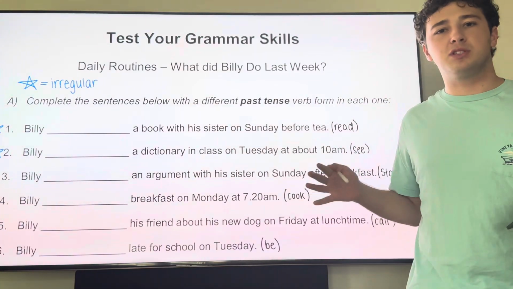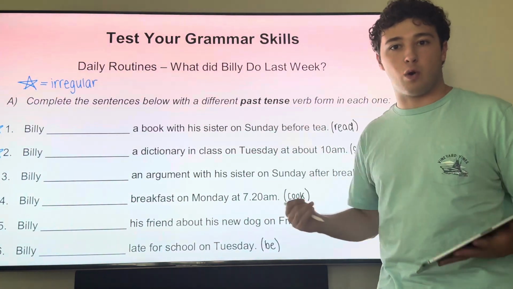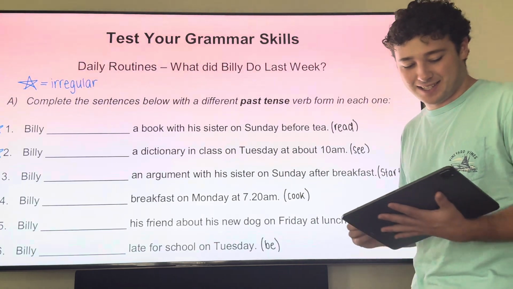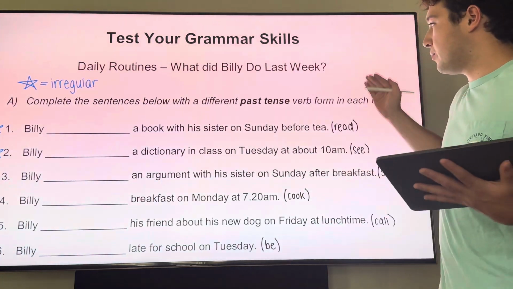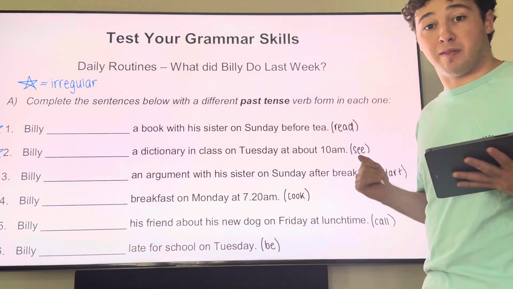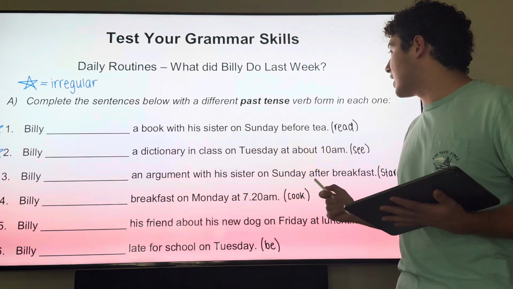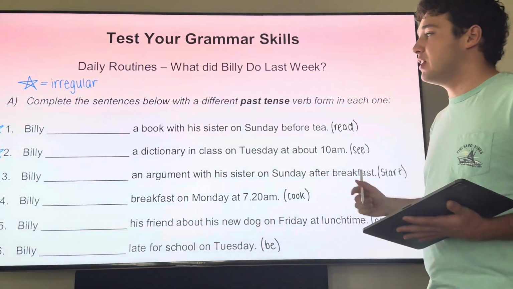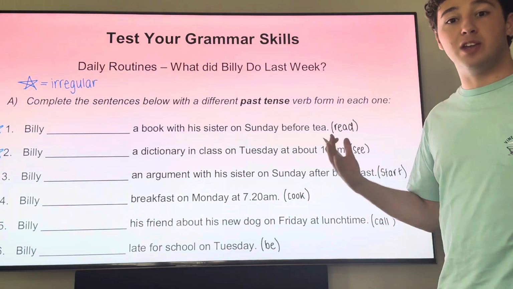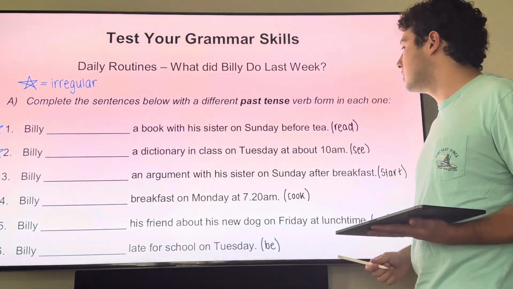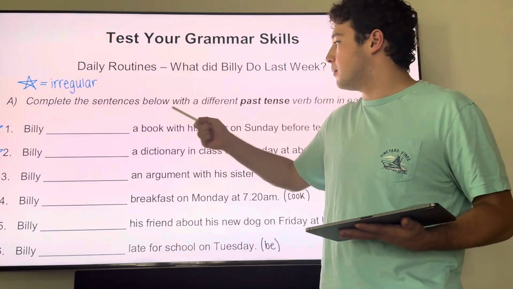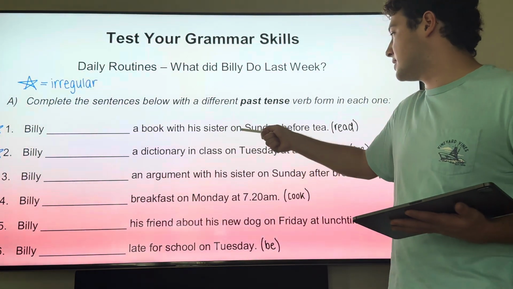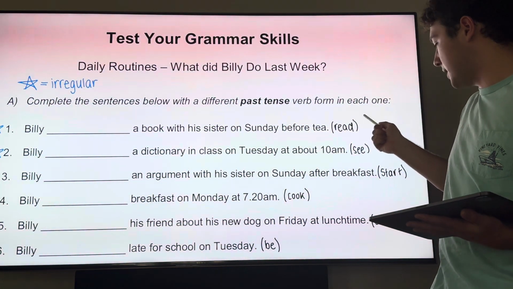Okay, so let's do a little bit of practice with this before we move on, because it isn't easy, I understand. So this is the same sheet as before, however, now we're actually going to be using the past perfect, like above. So let's do a couple together, and then you'll go ahead and complete the sheet. So, number 1, Billy blank a book with his sister on Sunday before tea.